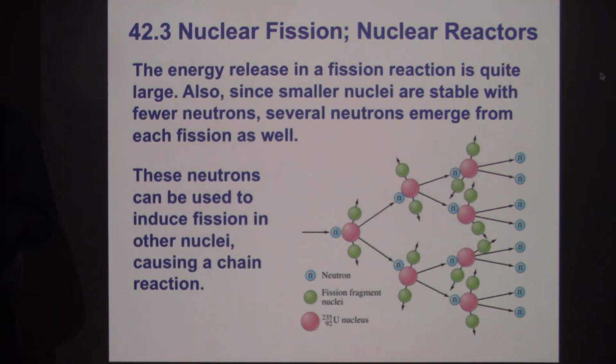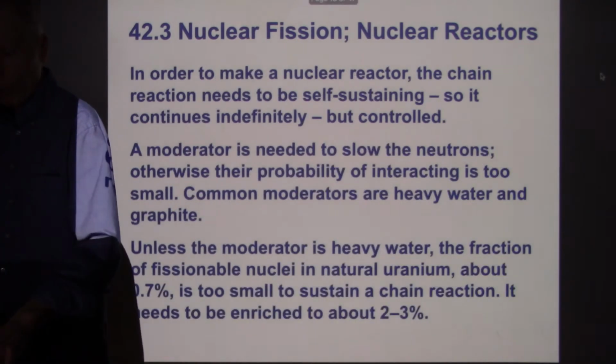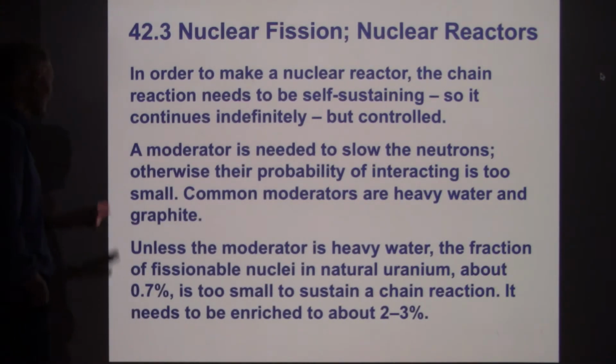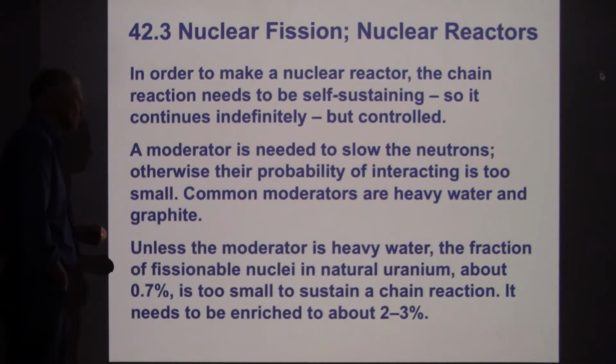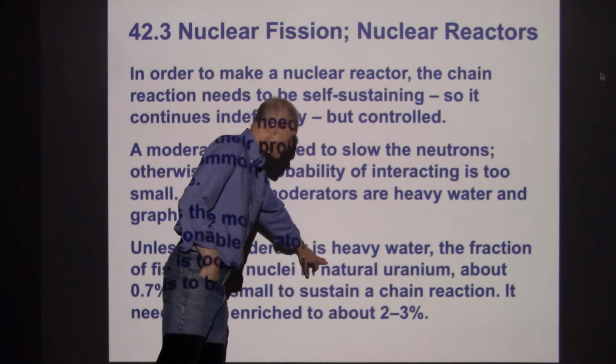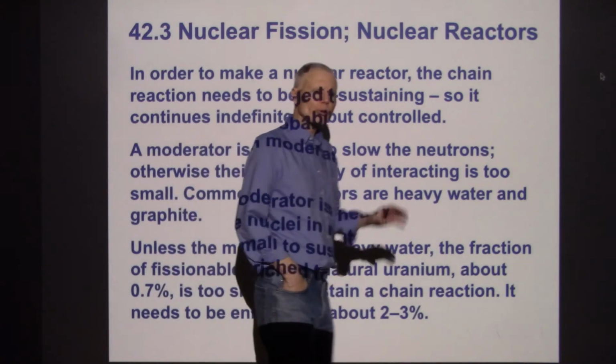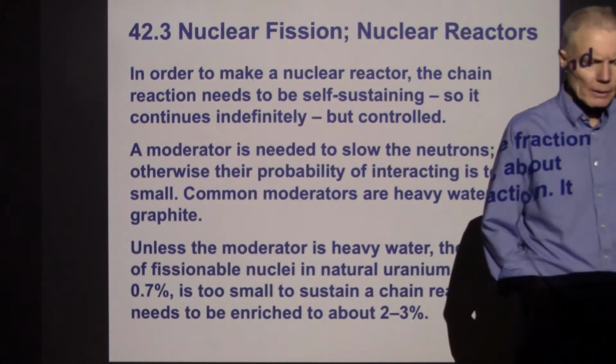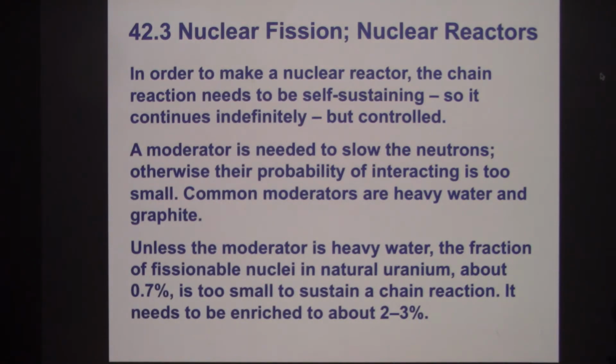But if they're lost to the outside, or if they're absorbed by material inside the reactor, that's going to slow the reaction down. So for a nuclear power plant, we would need to control the number of neutrons. Now what they point out here is, this is kind of remarkable. If we look at naturally occurring uranium, over 99% of it is the 238 isotope.